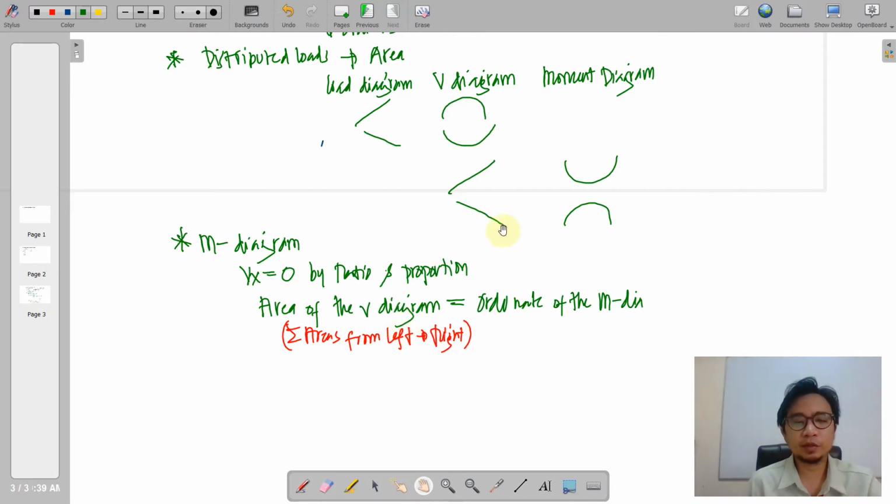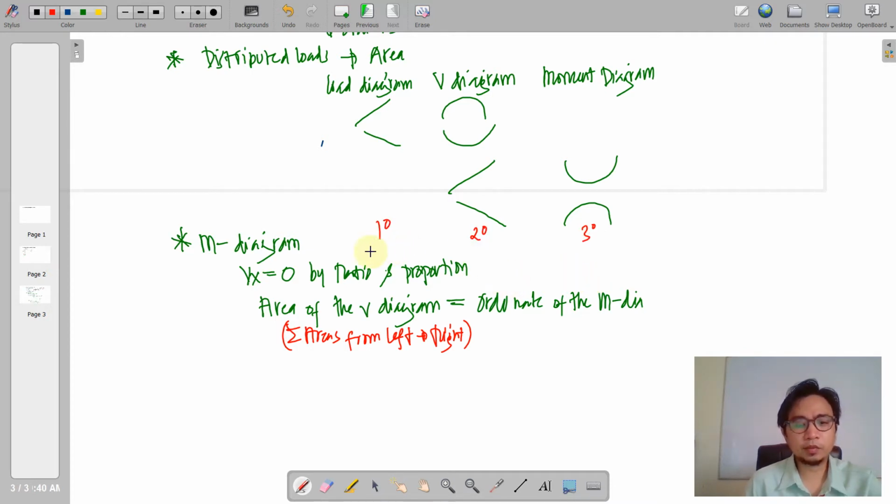And for the curve, of course, we'll just have to add 1 degree per diagram, from the load diagram to the shear diagram, and from the shear diagram to the moment diagram. So meaning, if we started with a flat line on the load diagram, say a 0-degree curve, it would become a 1st degree curve on the shear diagram and a 2nd degree curve for the moment diagram.